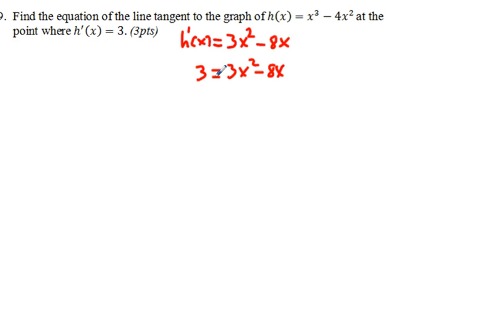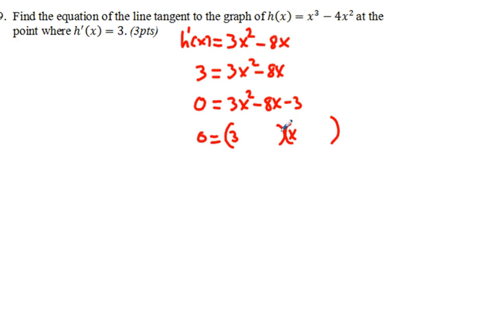And now solving for x, we can just set one side of the equation equal to 0. So we get 3x squared minus 8x minus 3 is equal to 0. And factoring, an attempt to factor anyway, we're going to have 3x times x, and then we're going to have negative 3.